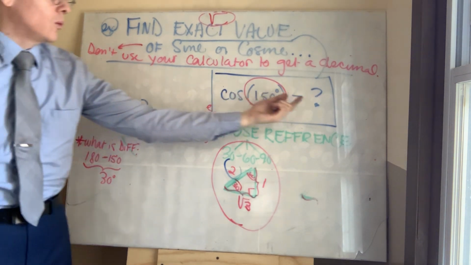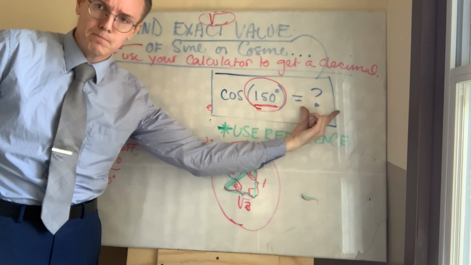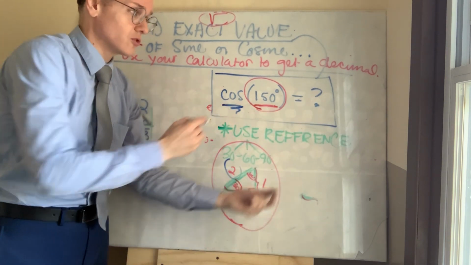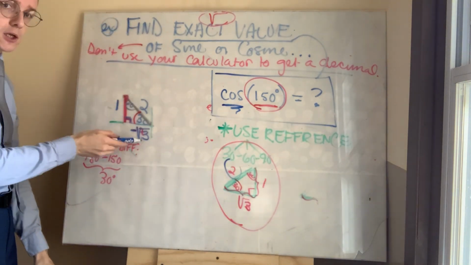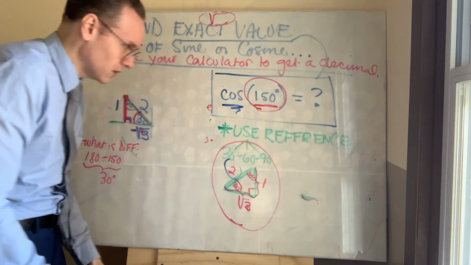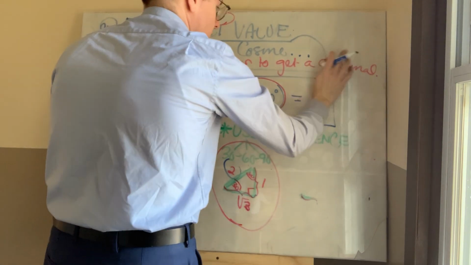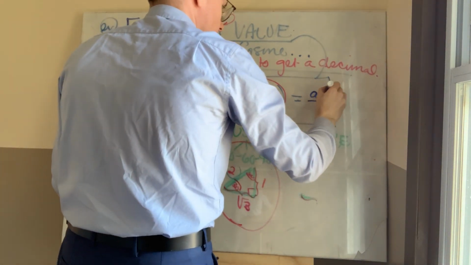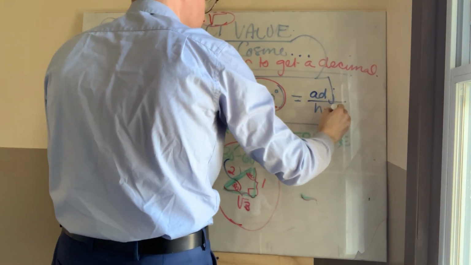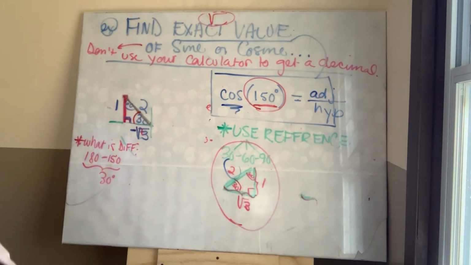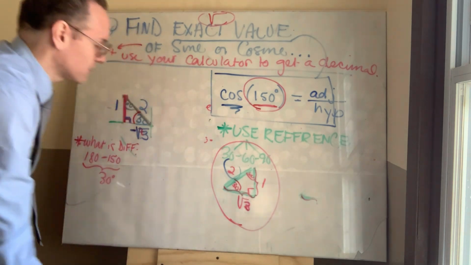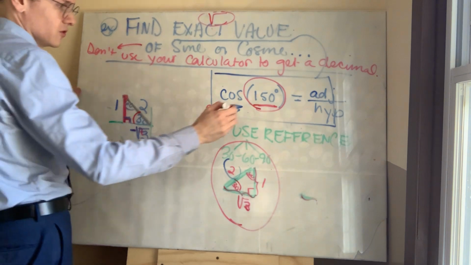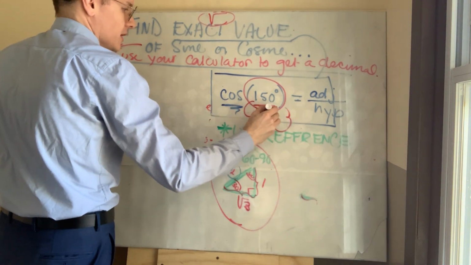Now, we're going to fill in opposite, adjacent, whatever it happens to be, specifically for cosine, and then plug in the numbers that are related. So if a cosine is normally the adjacent dimension over the hypotenuse, then let's insert what is adjacent to 150, which really is 30 by another name.